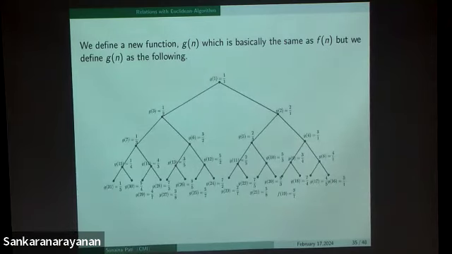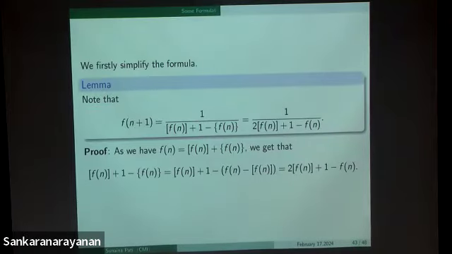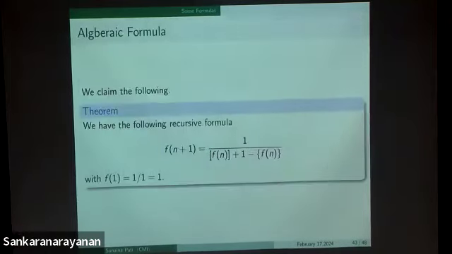Now, my main aim right now is that there is a recursive formula for this. If I have n here, I want to get the formula of this node.